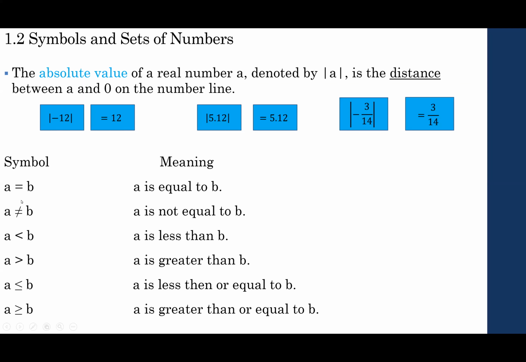In math, if you don't want it to be equal to, you just put a line through it. We say A is not equal to B. A is less than B because Pac-Man eats B, which has to be bigger, the thing that gets eaten, right? A is less than B, or A is greater than B. A is less than or equal to B, and A is greater than or equal to B, okay?